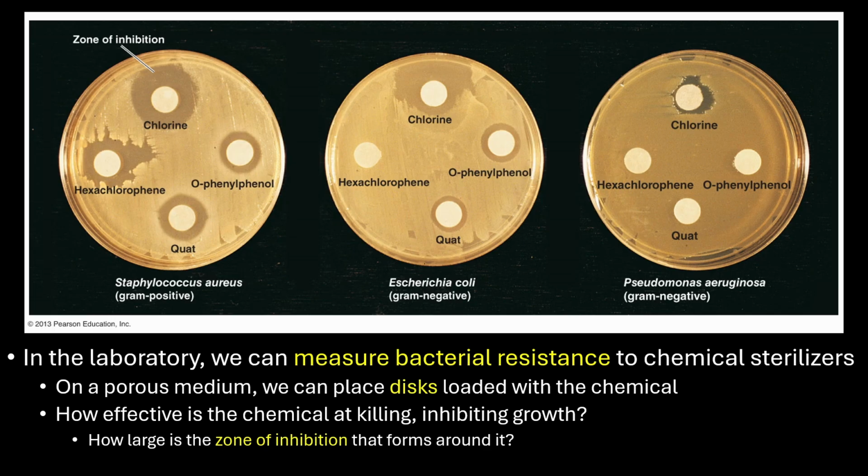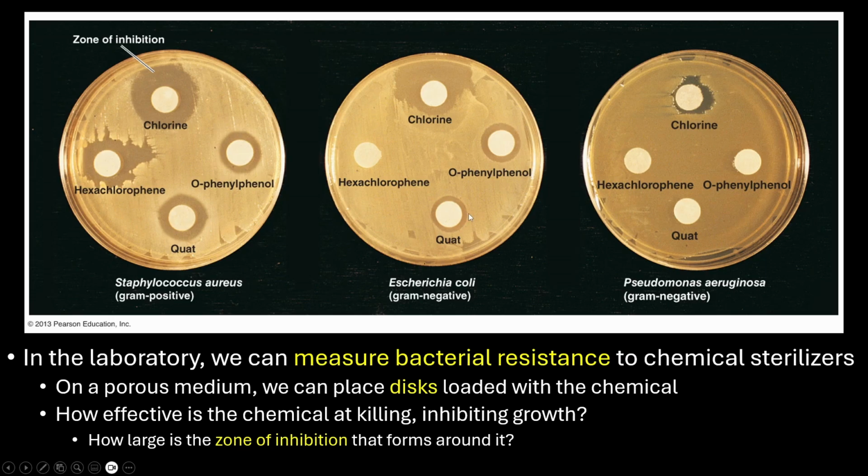Then we can take these little porous discs and we can soak them in these chemicals of different kinds. And the porous medium of that little disc, these little white discs that we see on the plate here, they can soak up these different kinds of chemicals that we put them with, and we can apply them to the plate.